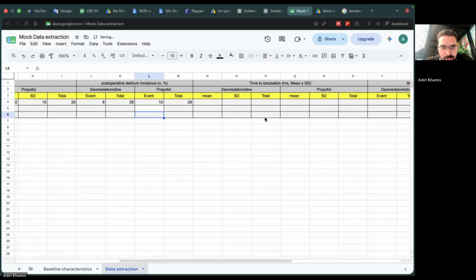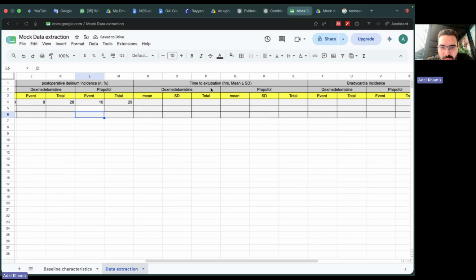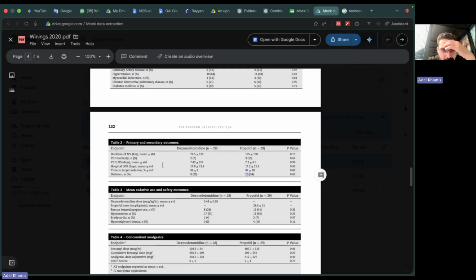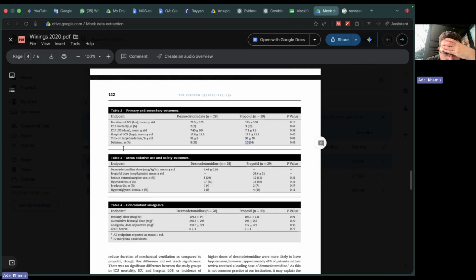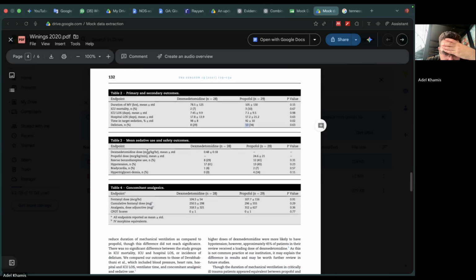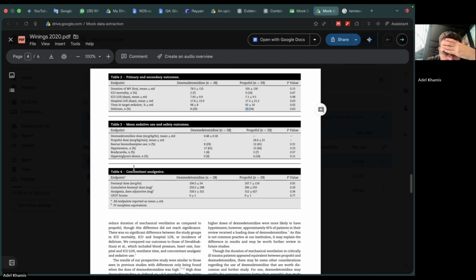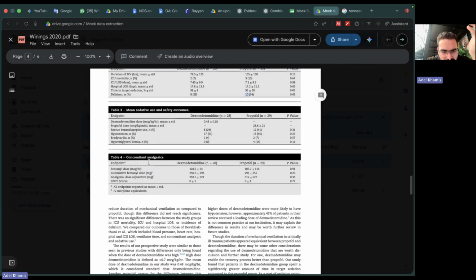Here the time to extubation. I don't think it was mentioned here. No, it is not mentioned.